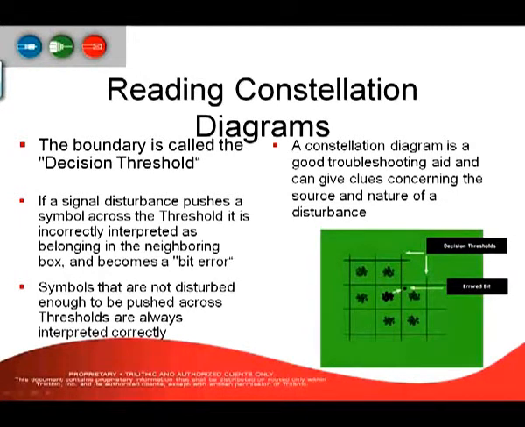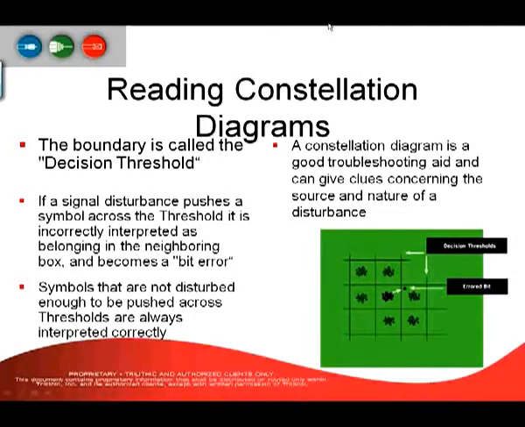So let's first talk about just reading the constellation diagrams, because we see it a lot of times, and it's important that you understand what you're actually looking at. Like was mentioned, the boundary areas are called the decision thresholds or the decision boundaries.